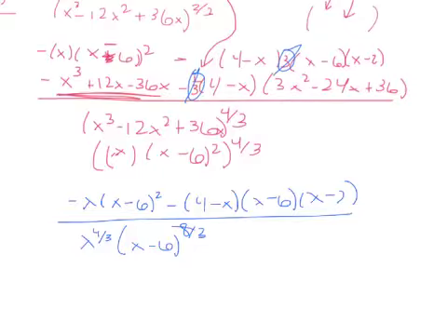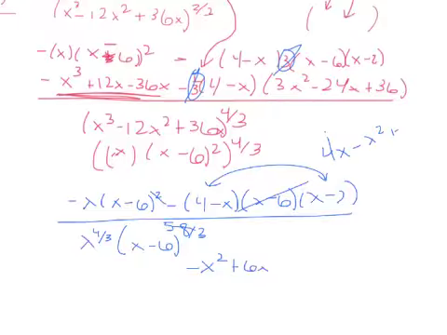I can take away 3 of these, make that a 5. I could take away one of those, and that one is now gone. So in my numerator, I now have negative x squared plus 6x, and then I can distribute those. That would be 4x minus x squared plus 2x minus 8. So just to make one person happy, I'm going to take this negative that's right here, and put it at the front, okay?